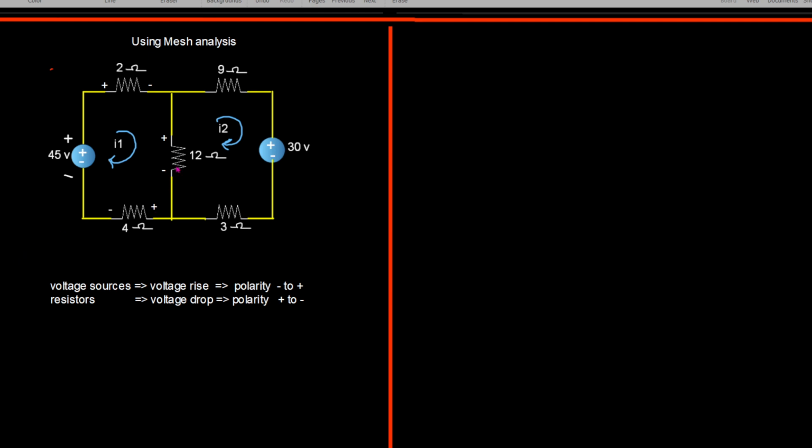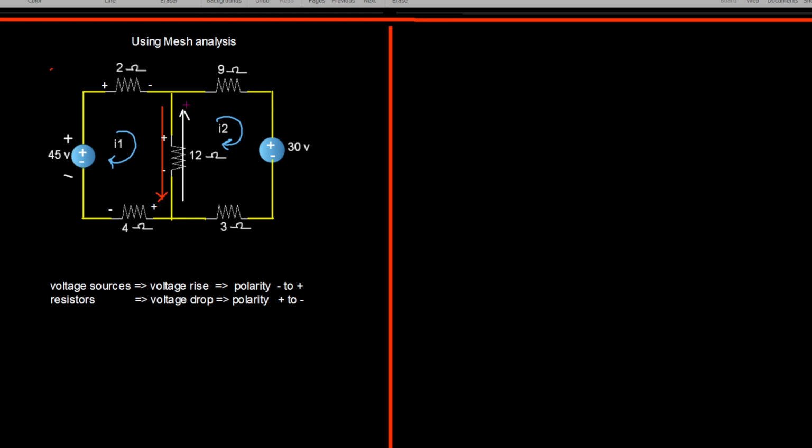At the same time, if you consider this 12 ohm resistance, the I1 current is flowing, and similarly the I2 current is flowing. When you see, the I1 current is following this path, at the same time this I2 current is flowing in this direction, the opposite direction.